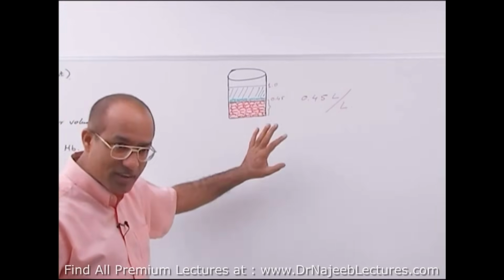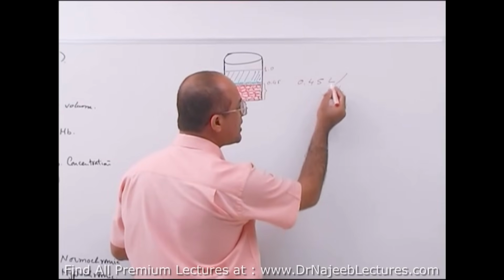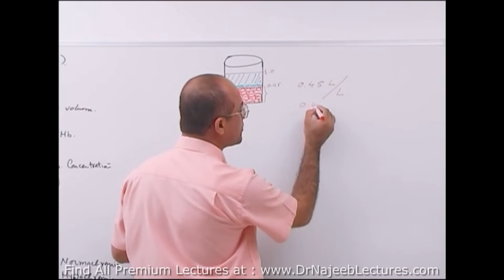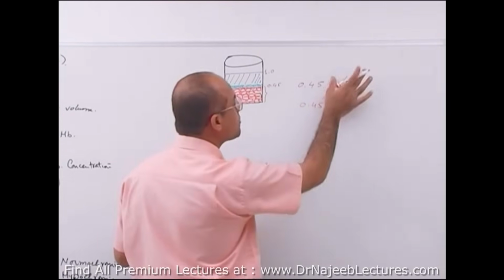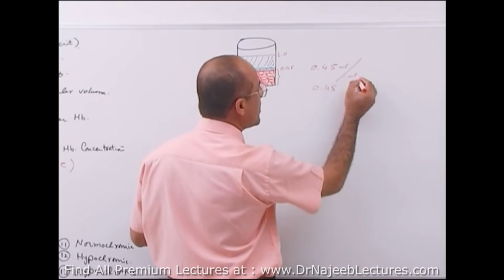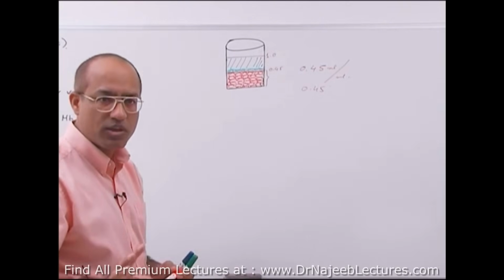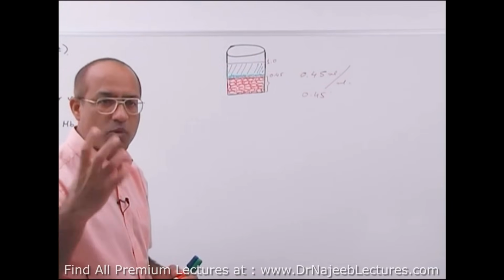Now, this is 0.45. Simply liter by liter, or we simply say 0.45. Even if it is 1 ml, then you will say ml by ml. That in 1 ml, 0.45 ml is the volume occupied by the red blood cells when they are packed together.